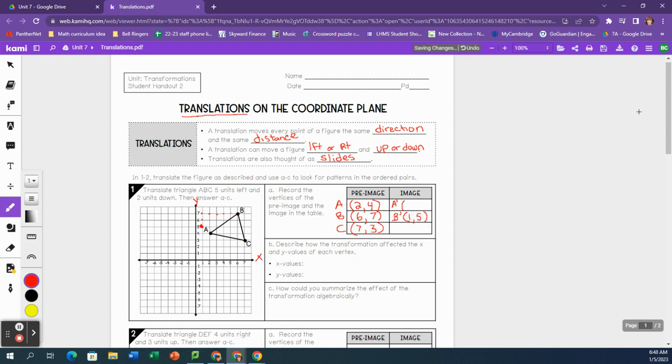Okay, let's move the A. 1, 2, 3, 4, 5. But we're going to go down 2. 1, 2. There it is. There's our new A, and we could draw our little line. There's our new B. That's the image now. This is the pre-image. This is the image. Here's our new A, and we put a little mark here.